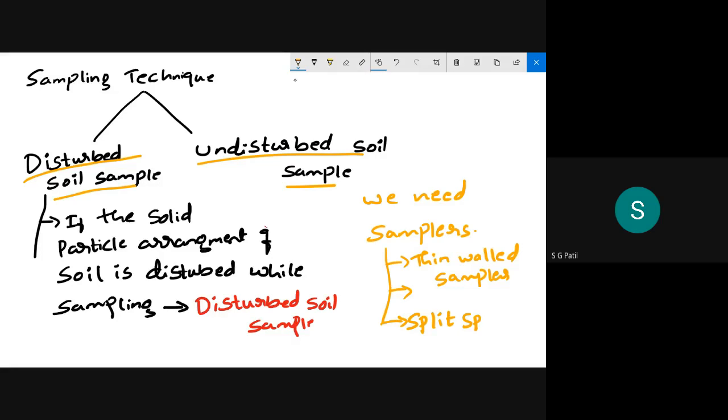With the help of these samplers, we take samples. That sample may be a disturbed sample or an undisturbed sample.